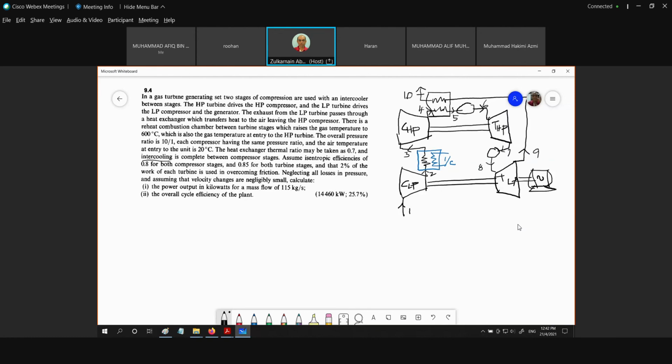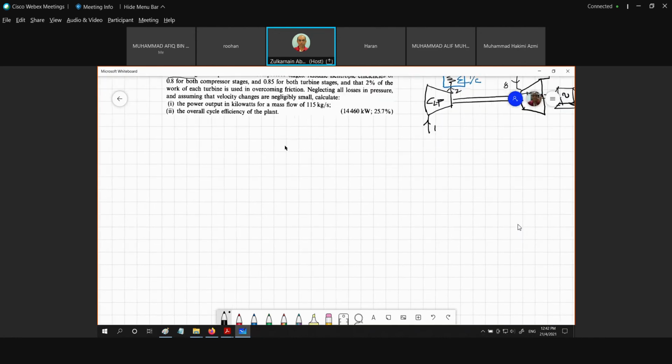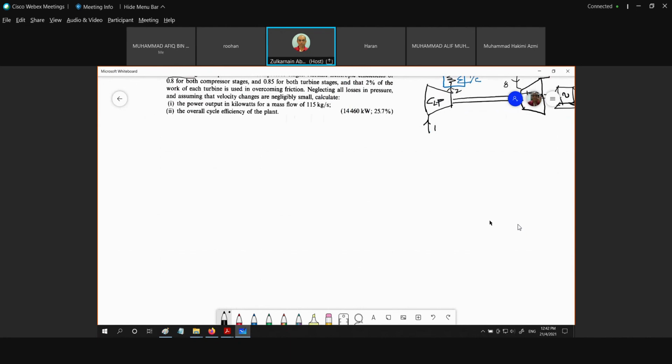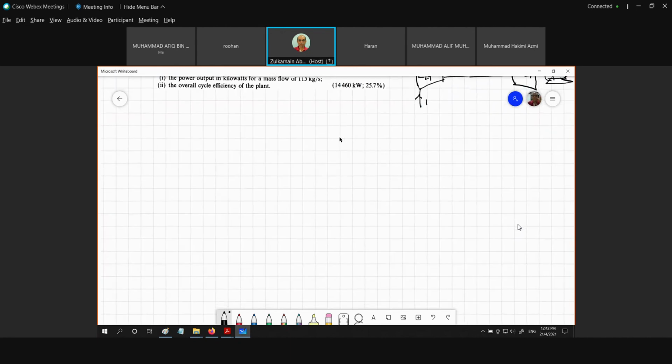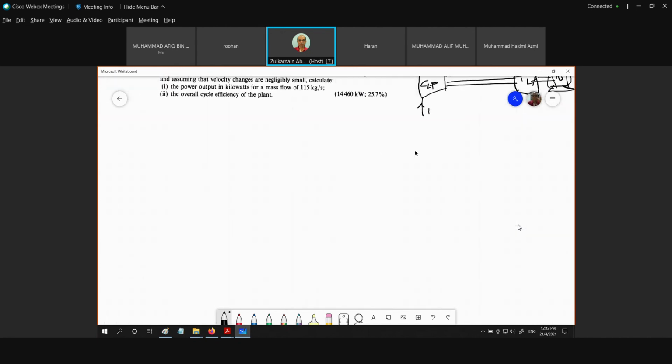So 10 plus 4, in total, we have to get all the 14 temperatures. Okay? Then if we sketch the TS diagram, we should be careful with the level of the temperature. So let me put it this way.